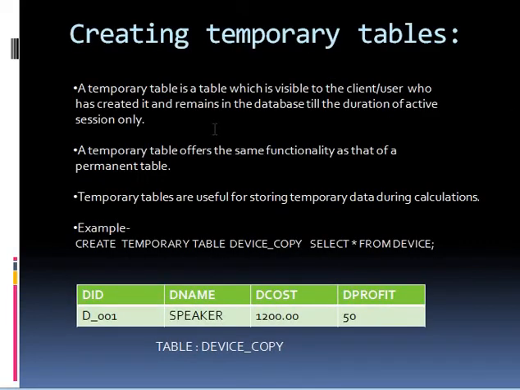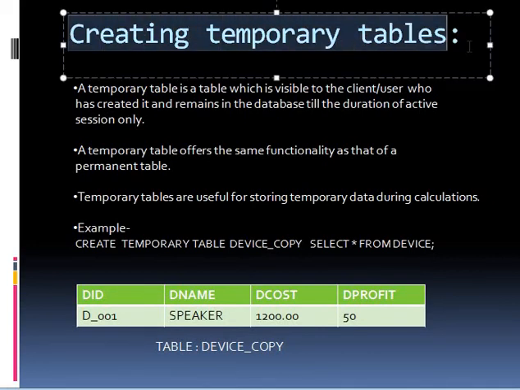Now just as you can create a permanent table, in the same way you can also create temporary tables in MySQL. Temporary tables do not get stored in the database permanently. Instead, they remain in the database only for a particular or stipulated period of time.